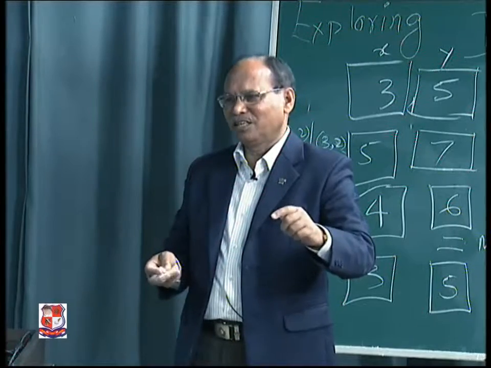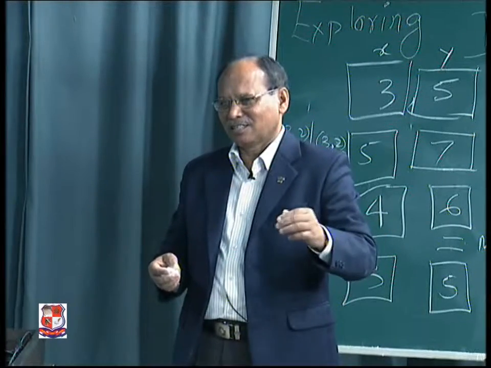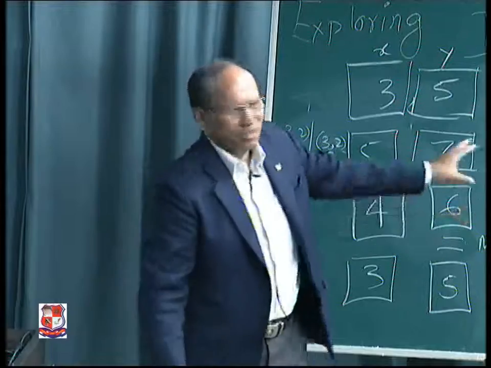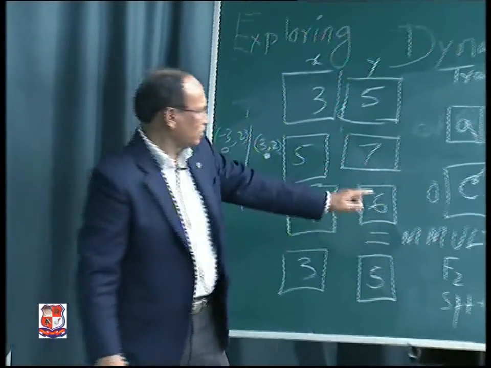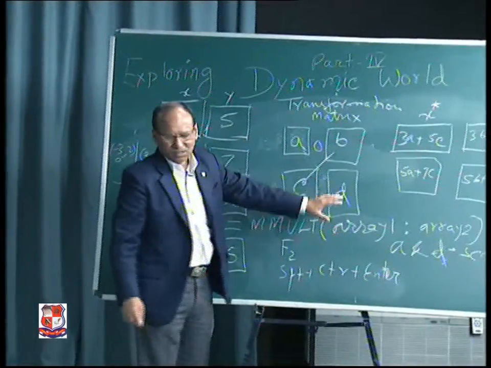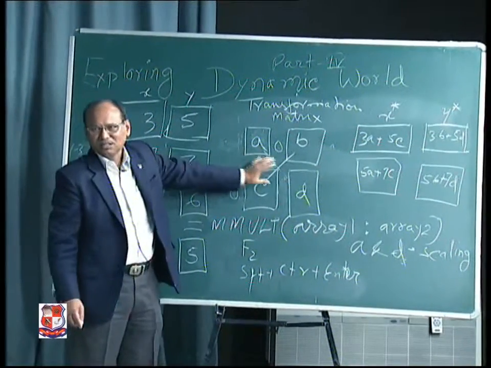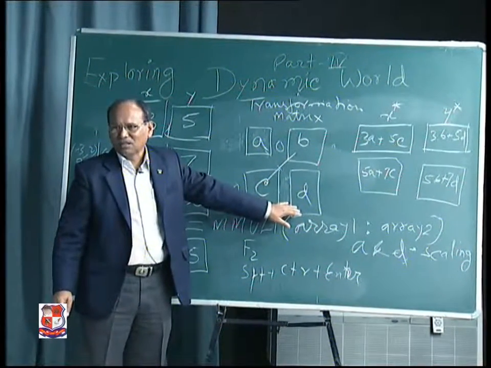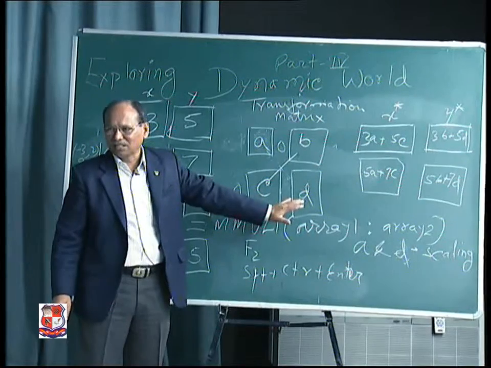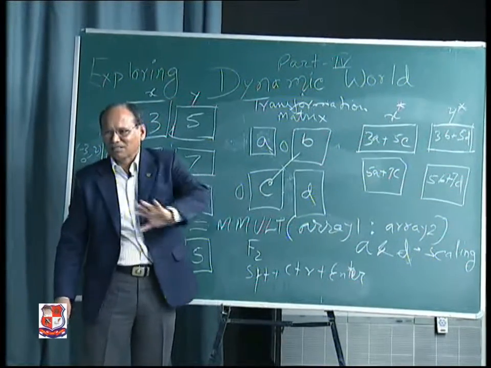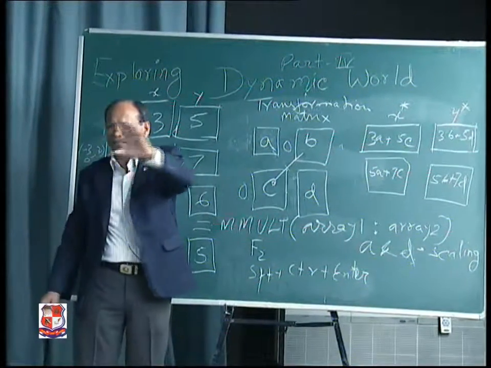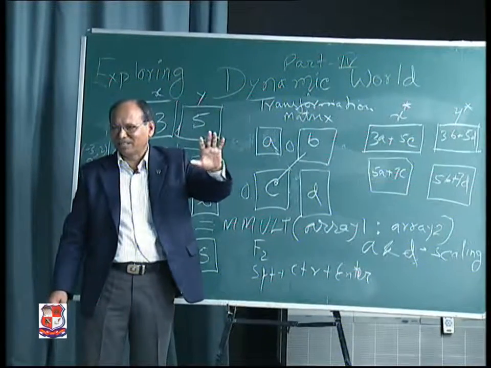It will depend on some parameter which is common to all elements. For scaling, what am I doing? I am changing only this, I am not changing this. So, non-uniform scaling is happening. But for rotation, everything should rotate, every point should change at the same rate.